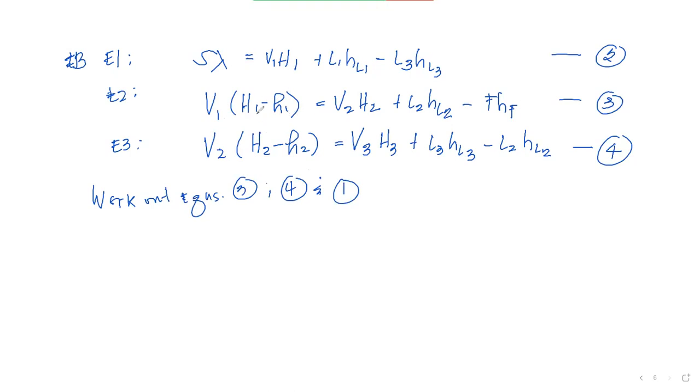You use equations 3, 4, 1 without substituting the assumed values of V1, V2, and V3, which are equal.